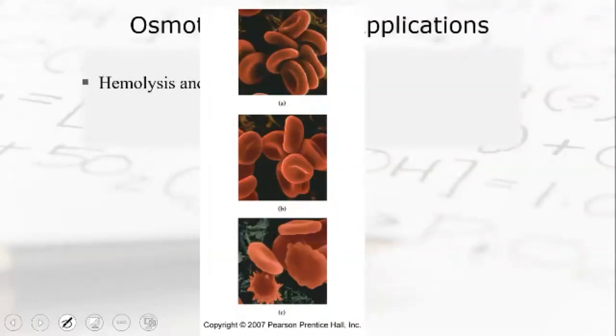You can also put the culture in a medium where you have more salts on the outside than you have on the inside, right? And then what happens is the water moves from inside the cells to the outside and causes the cells to kind of shrivel or wrinkle up. They call that crenation.